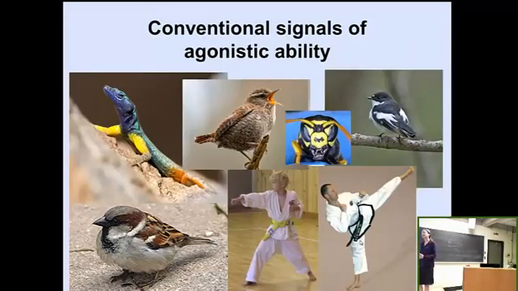But paper wasp facial patterns fall into a different category of signals of fighting ability, often called conventional signals of fighting ability. Now with these signals, there's no inherent link between the signal phenotype and the information being conveyed. A great example of this is karate belt color.